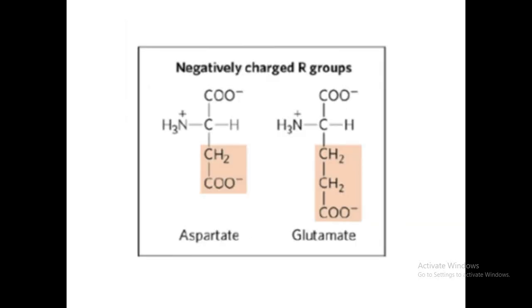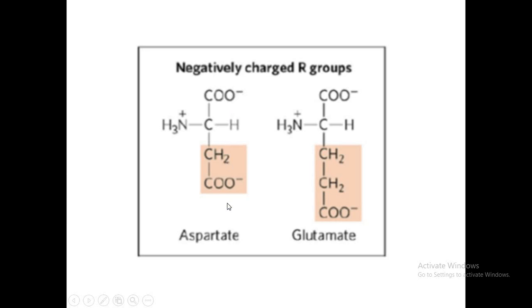Now we will talk about the negatively charged amino acids. Those amino acids that have a negative charge in their side chain are called negatively charged amino acids. These are the two amino acids: one is aspartate and one is glutamate. Here we have to understand why these are negatively charged amino acids.